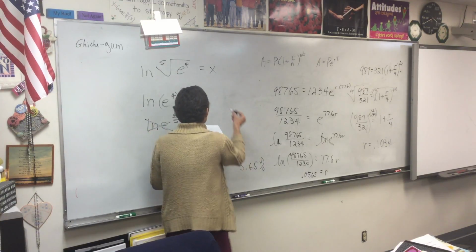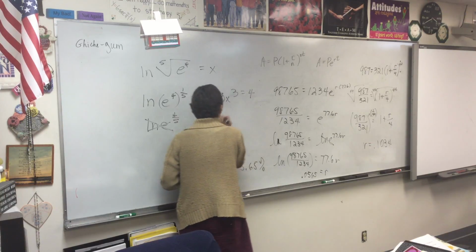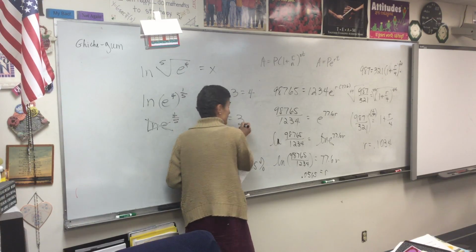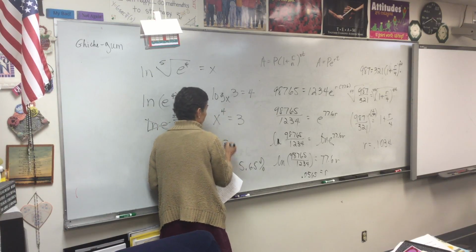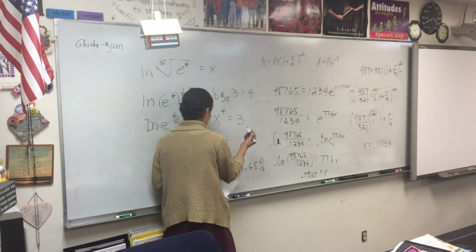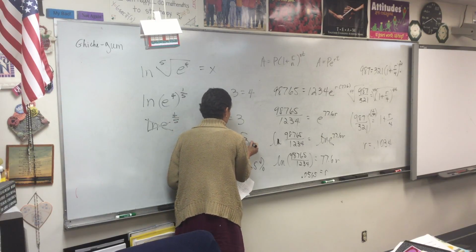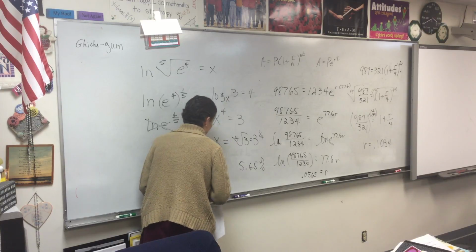13, how are you going to figure that one out? X to the 4th equals 3, which means x equals what we did over there. 3 to the 1/4, the 4th root of 3 or 3 to the 1/4, whichever you prefer, they're the same thing.